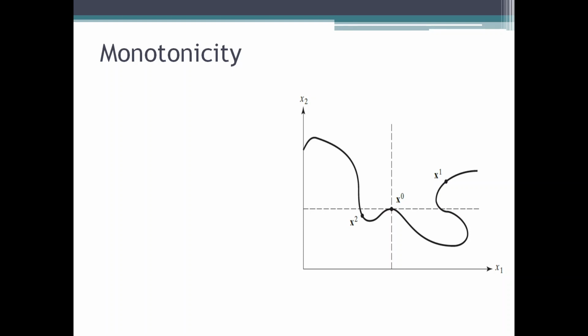Because as you can see, X1, for instance, has more of both commodities compared to X node and X2. So any rational consumer will definitely strictly prefer X1 to X node and X2. So this is just a contradiction. Can we say that this is an indifference curve? No, this is not an indifference curve.